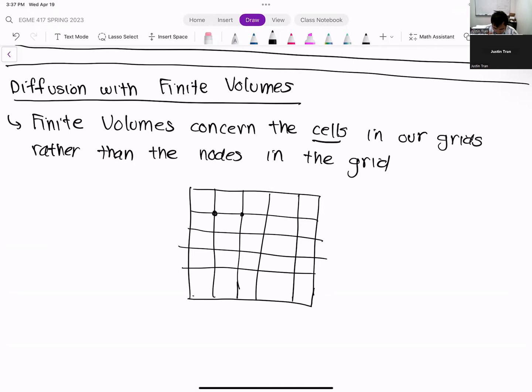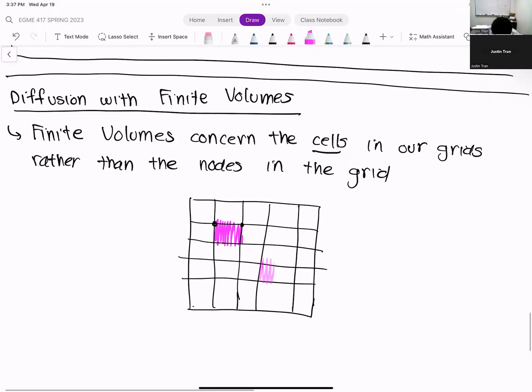For finite volumes, we're actually interested in solving for the solutions over an entire cell, right? Over something like, I have a highlighter, like that. We're interested in, what's the solution inside this cell? What's the solution inside this cell? So on and so forth.